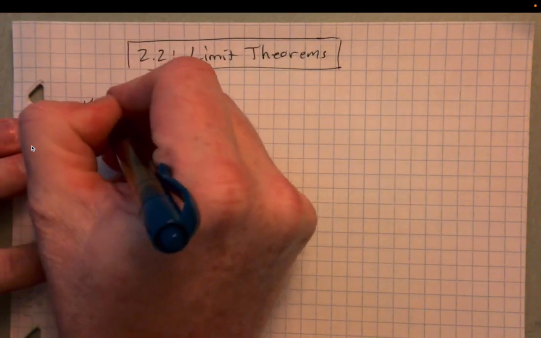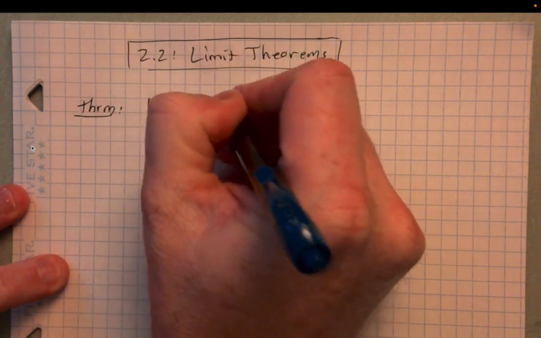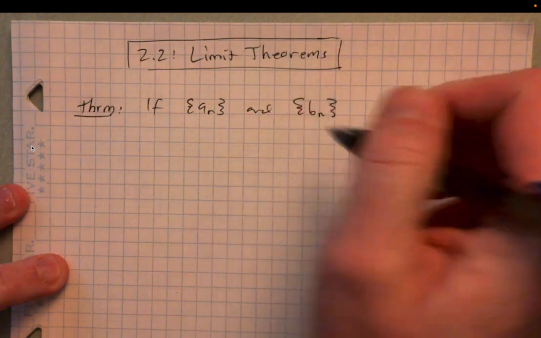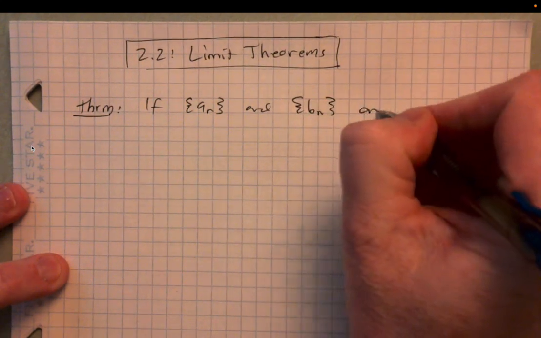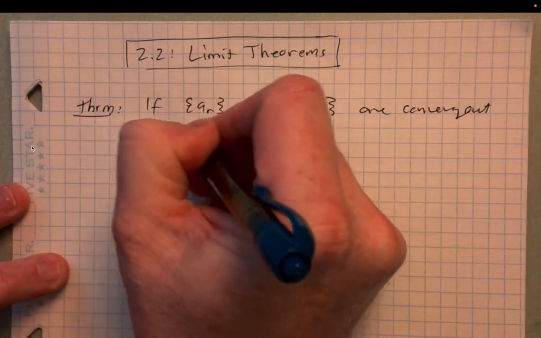Okay, so we'll say if a sub n and b sub n are convergent sequences, right?